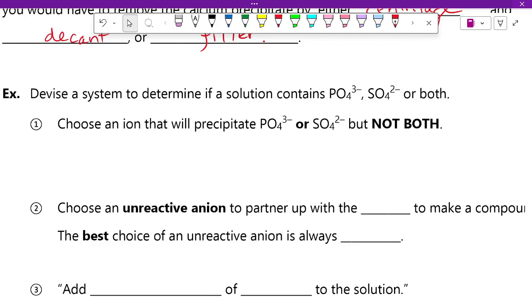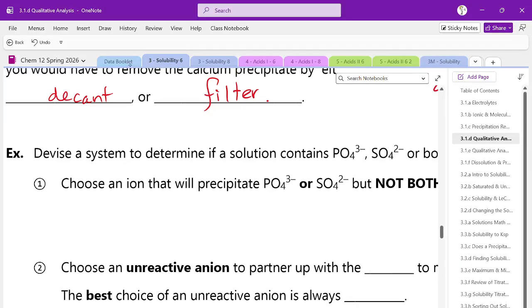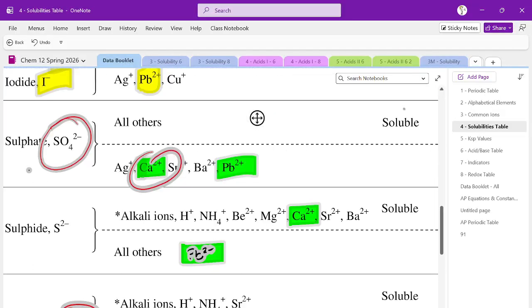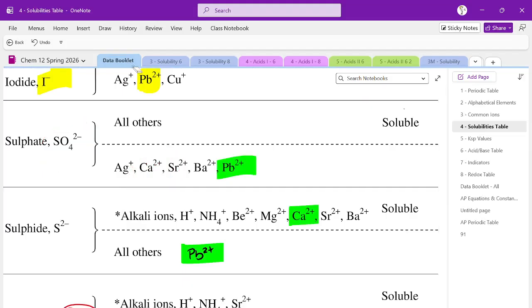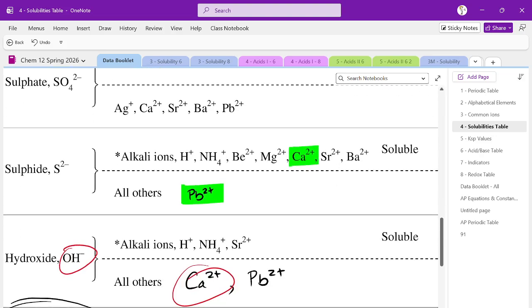Choose an ion that will precipitate phosphate or sulfate, but not both. This one's a little trickier, but you have to be okay with understanding what all others means. It's okay, because it won't react with any cations, because all cations that are basic are strong bases, so it won't react with it, right?